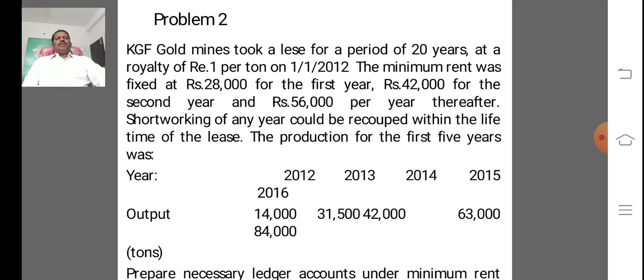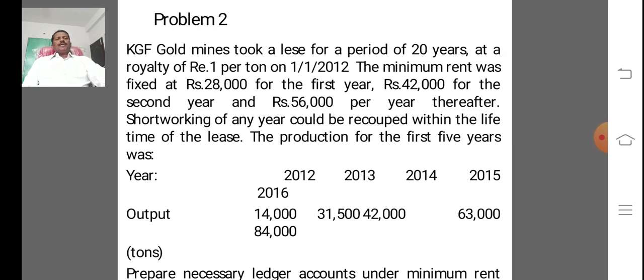The minimum rent was fixed at rupees 28,000 for the first year, 42,000 for the second year, and 56,000 per year thereafter. Short workings of any year could be recouped within the lifetime of the lease.